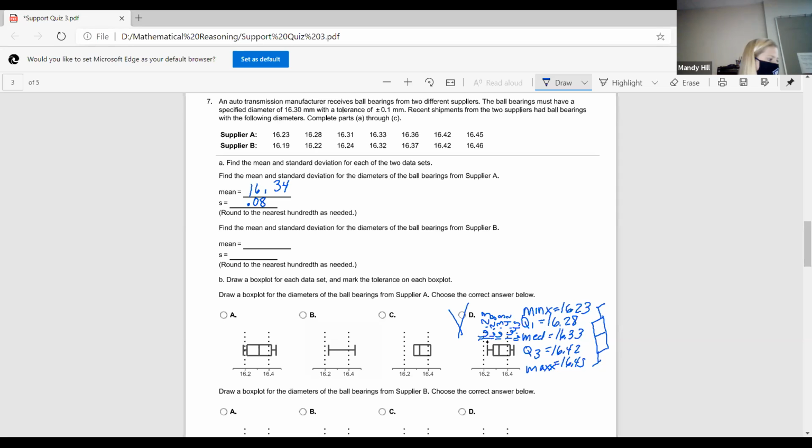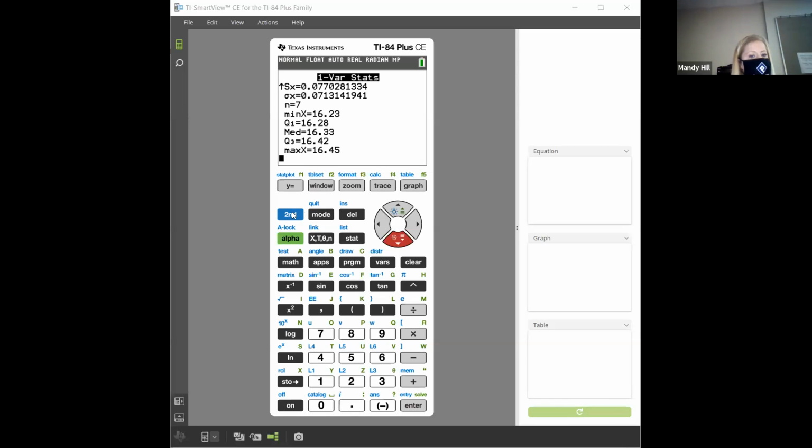Questions about that? Let's go back and get our list 2. So this could be a little bit confusing. We need to go back to our calculator. Now we've already typed list 2 in. I'm going to hit second mode to get out of that screen, and I'm going to go back to stat. It's in list 2. So I'm going to go over to calc.